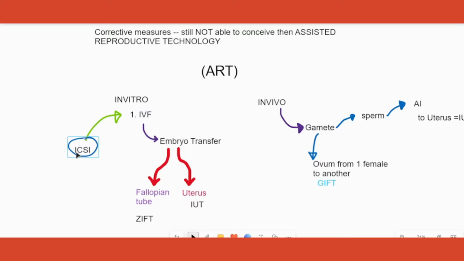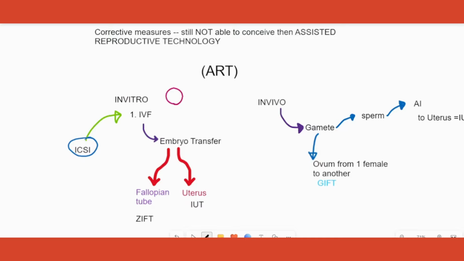You need to extract the ovum during ovulation of the female, and extract the sperm from the male, and then fuse both of them together in the lab. That is called IVF, or in vitro fertilization.